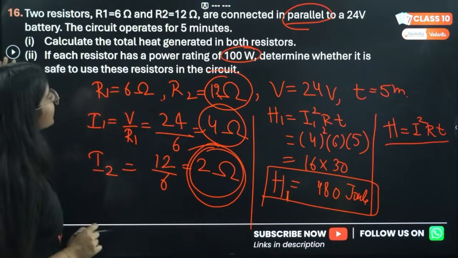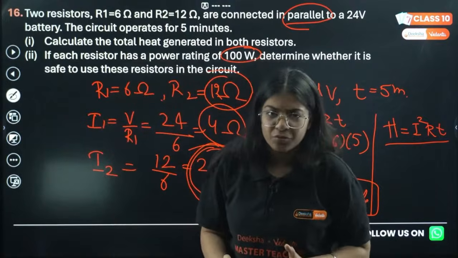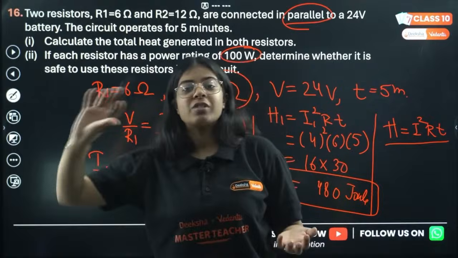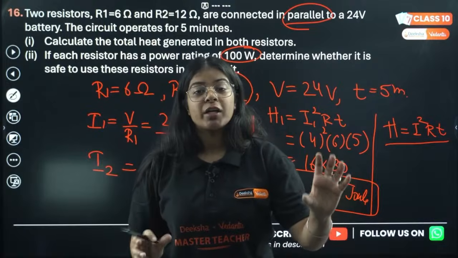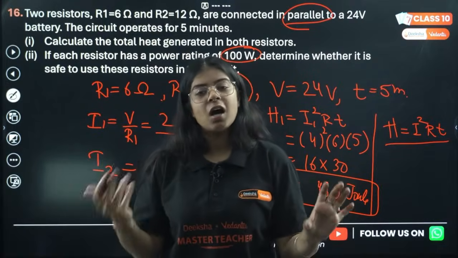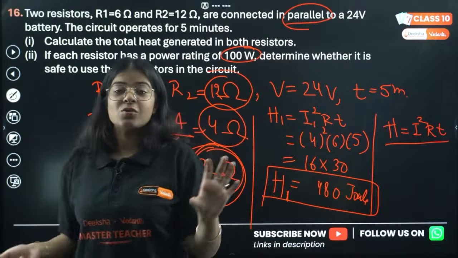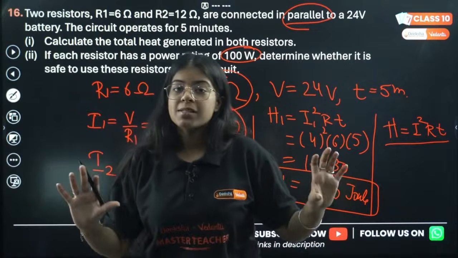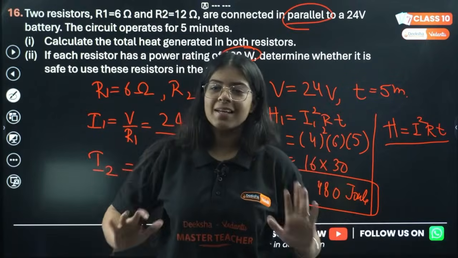Now each resistor has a power rating of 100 watt and the whole circuit has a power of 144 watt. So it's fine. My resistor is not using more power than is available. Available is 144 watt, but each resistor is using 100 watt. So it's safe to use the resistors in that circuit.